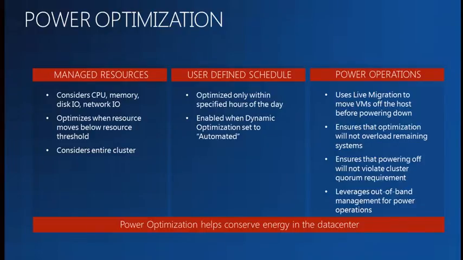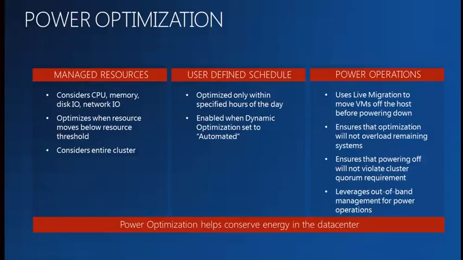It also ensures that while shutting down a server, it does not violate the dynamic optimization threshold on the other boxes. So it will not happen that your servers keep on shutting down and turning on by themselves at frequent intervals.